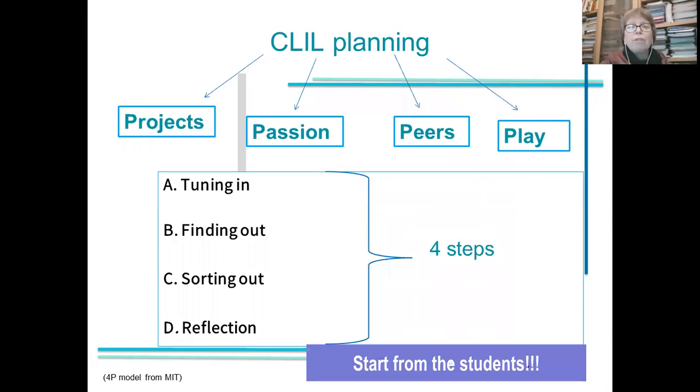I like to adopt this 4P model from Massachusetts Institute of Technology, the MIT, for CLIL planning. So before we talked about the I in CLIL, now we talk about the P of planning. So CLIL planning has to be based on projects, on passion.